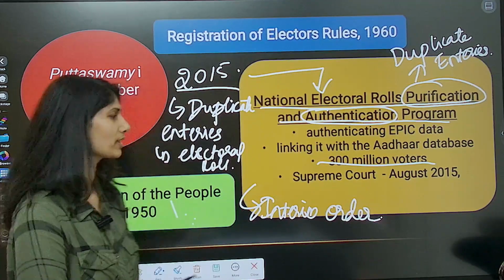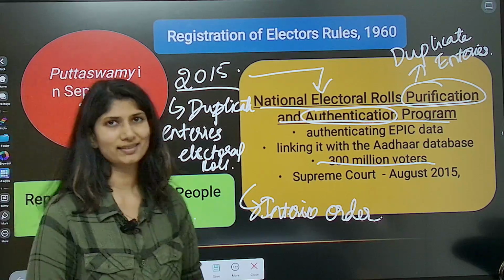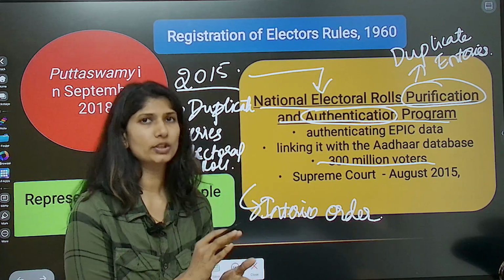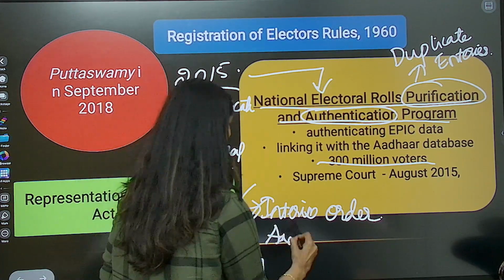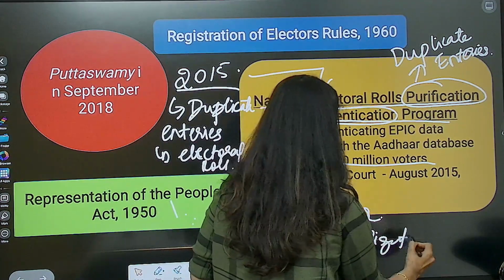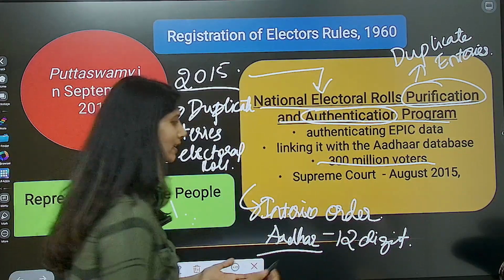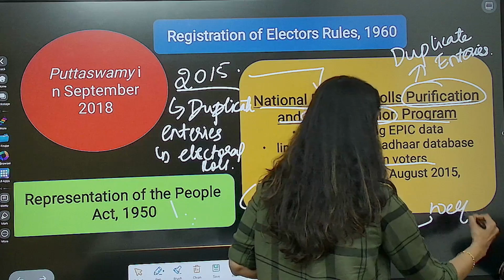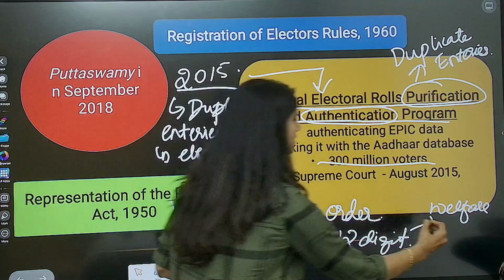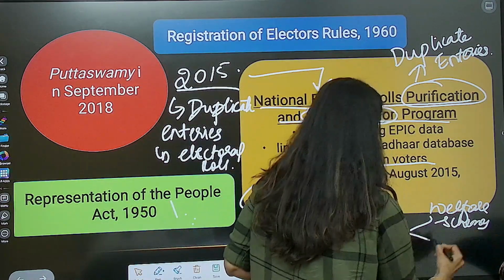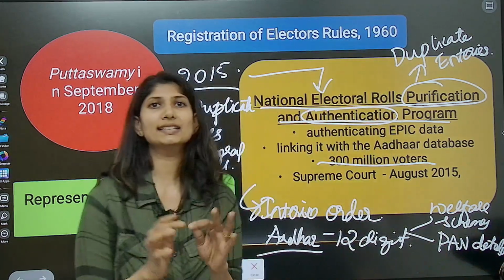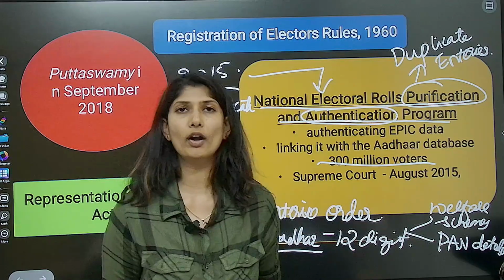And also with the passage of your Puttaswamy case in 2018, it was mandated that you will use Aadhaar, that is a biometric 12-digit number, only for your welfare schemes. Now when I am telling you only, mandatorily only for welfare schemes, or to link your PAN details. For anything else, and especially for voting, you will not use it.